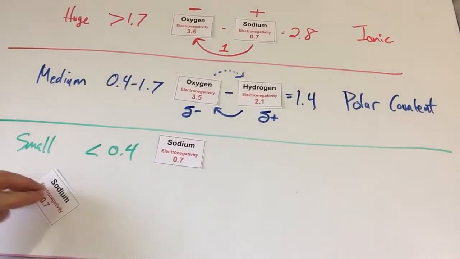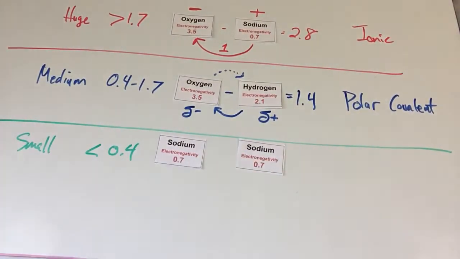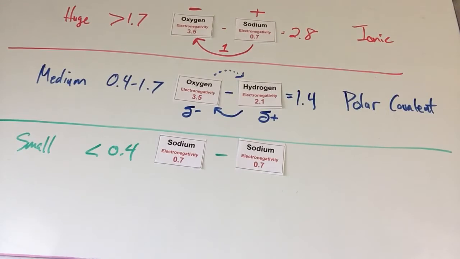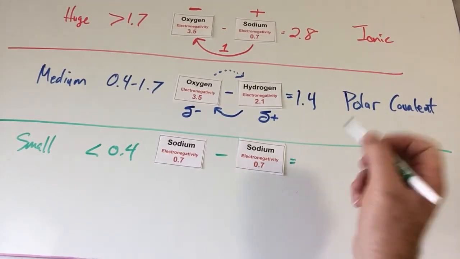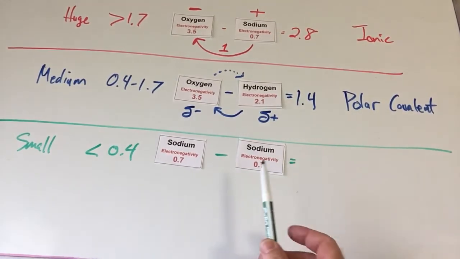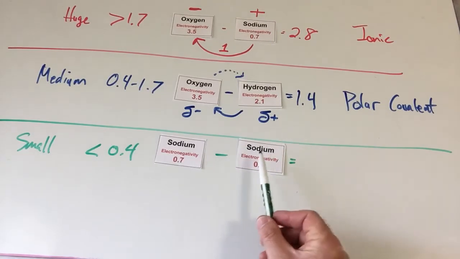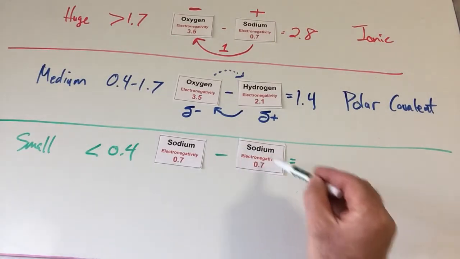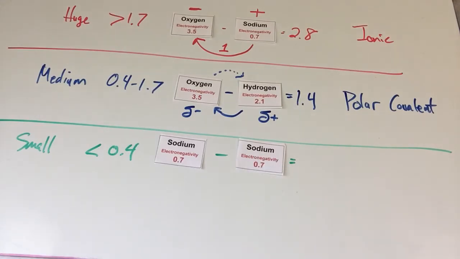So that could be even something like sodium versus sodium. Wait, Jay, they both have really low electronegativity. That's a really bad example. Actually, it's a brilliant example because it's the difference. I don't care about the absolute electronegativity here. I care about the difference.